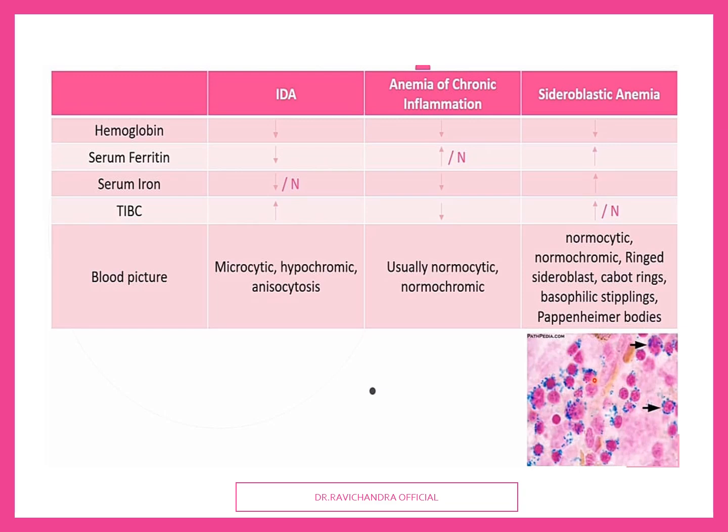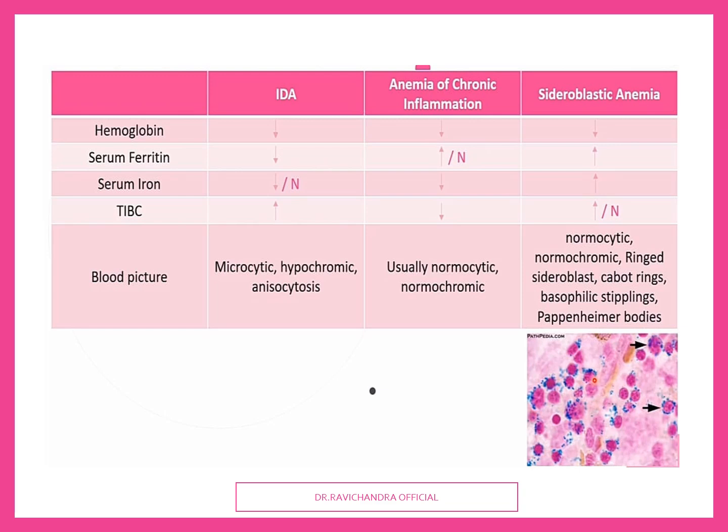Serum iron levels will be normal or decreased in iron deficiency anemia, whereas it is decreased in anemia of chronic inflammation and increased in sideroblastic anemia. Total iron binding capacity is increased in iron deficiency anemia and decreased in anemia of chronic inflammation, whereas it is increased or normal in sideroblastic anemias.